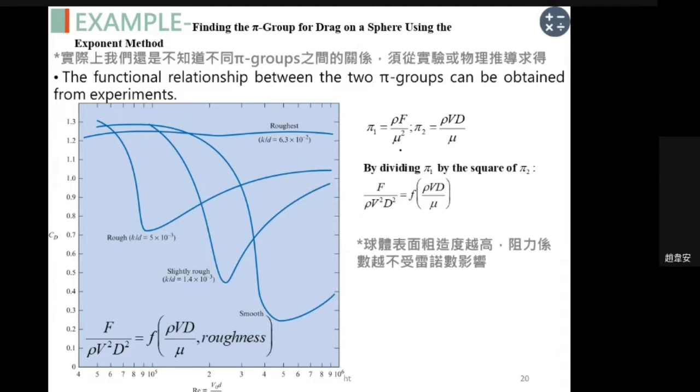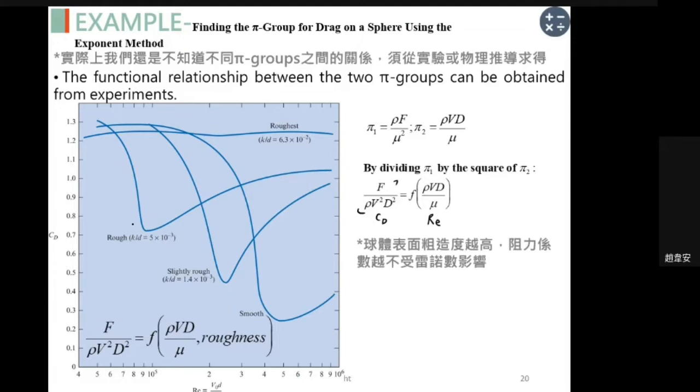As we know, we can compute the drag force by dividing pi 1 by the square of pi 2. Previous studies have already conducted a series of laboratory experiments and figured out the relationship between the drag coefficient CD and the Reynolds number.